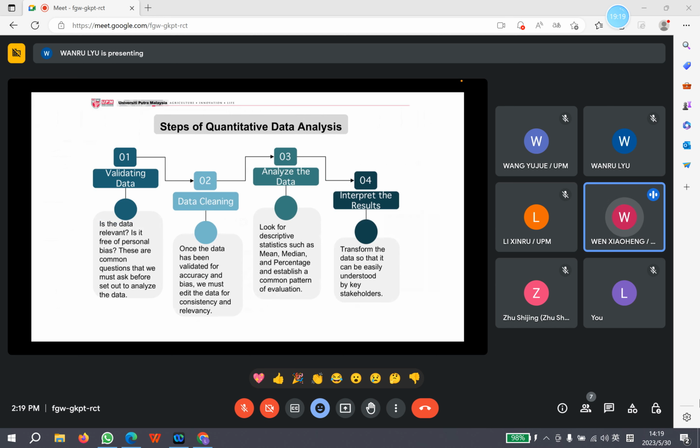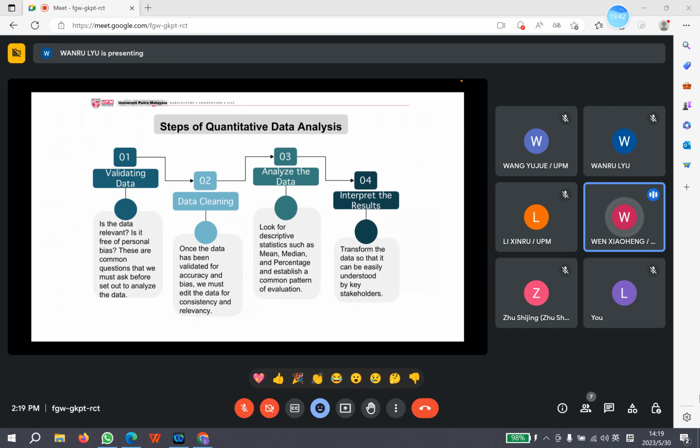And here are 4 steps of quantitative data analysis. First step is validating data. In this step, we have to know, is the data relevant? Is it free of personal bias? These are common questions that we must ask before setting out to analyze the data.